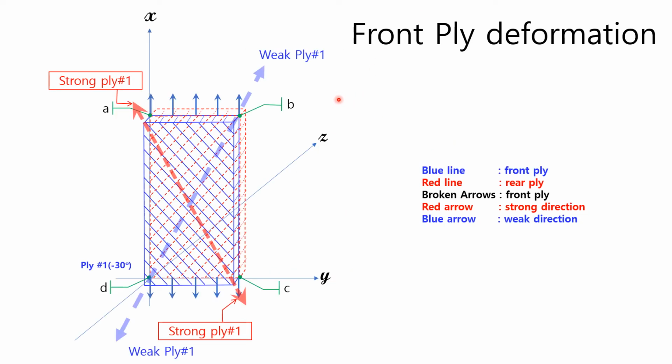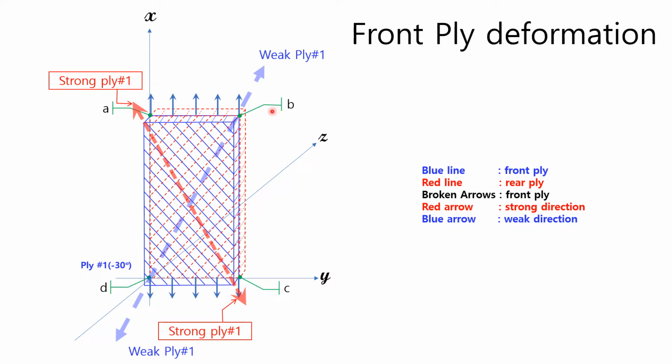Here we have some definitions to explain the deformation of laminate. A thin solid blue line is for front ply. Thin broken red line is for rear ply. Bold broken arrows, both red and blue, mean deformation quantity and direction of front ply. A red bold arrow means strong direction.